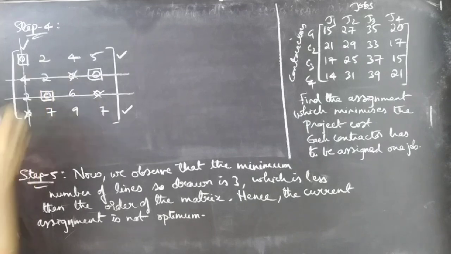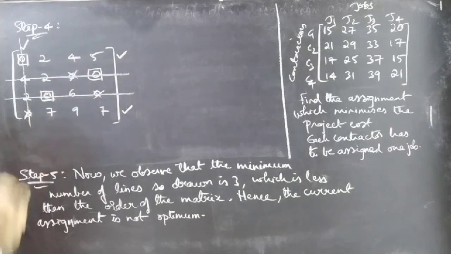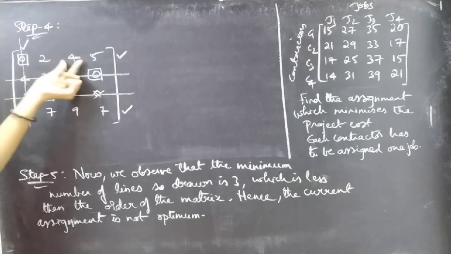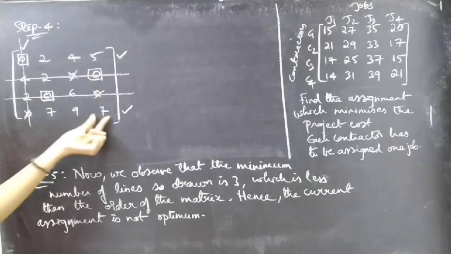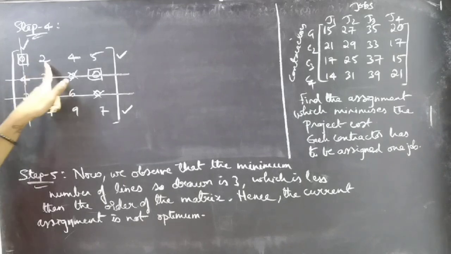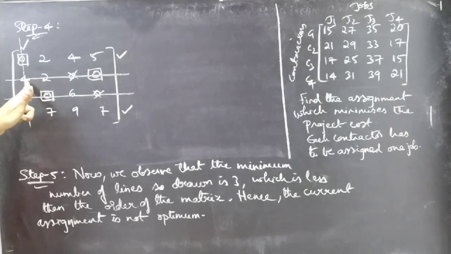So 2 is the smallest element. We'll subtract 2 from all the elements which are uncovered, and we'll add this 2 to the number which exists in the intersection of two lines.